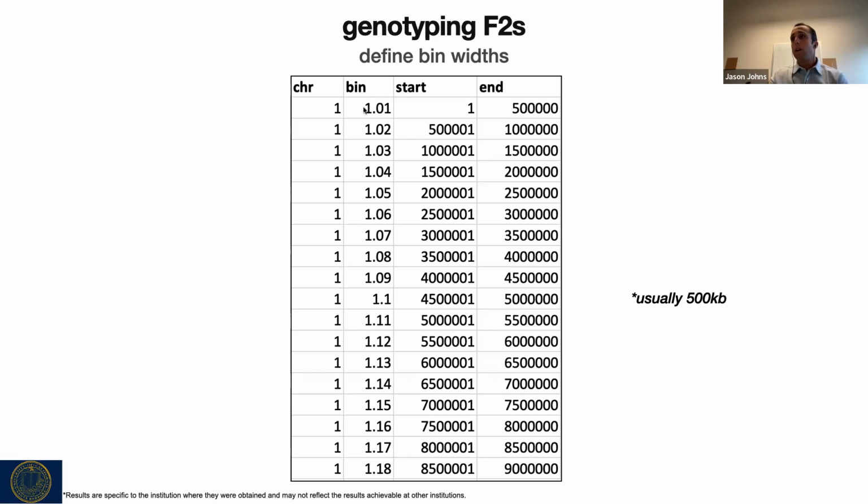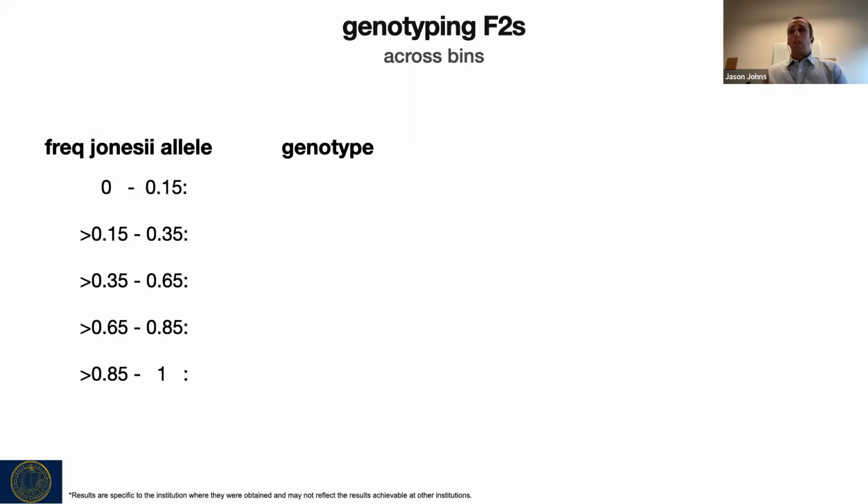So for chromosome 1, we're looking at 18 different bins here, each at 500 kb. Then we calculated the allele frequencies for each parent within each bin for each individual. We're looking at the Jonesii parent here.